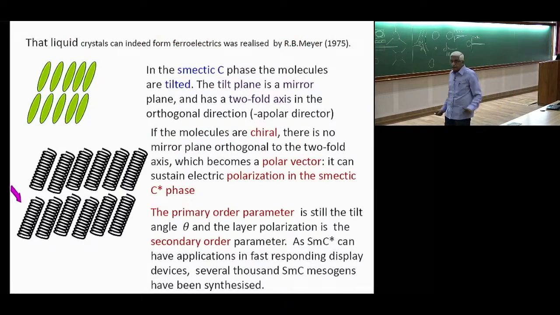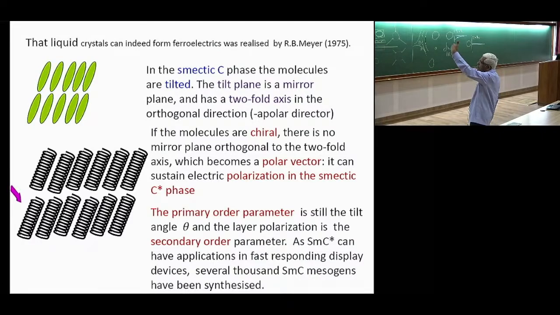Now, up to now, I've said liquid crystals, nematics, Smectic A, Smectic C, these all have apolar order, no ferroelectricity. Again, R.B. Mayer, who introduced flexoelectricity, realized now you take Smectic C made of chiral molecules. See, this Smectic C has two symmetry elements.